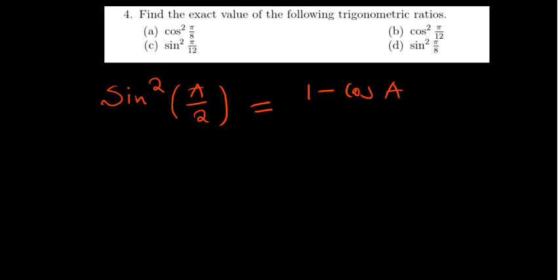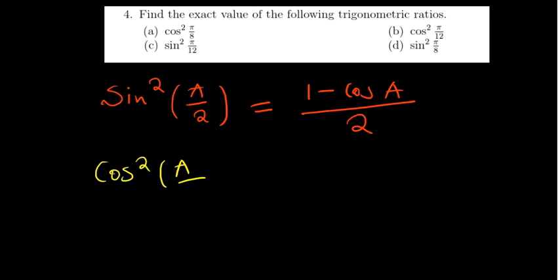So the half angle formula says if you have sine squared of half an angle, A over 2 for example, that's equal to 1 minus cosine of the angle itself, divided by 2. It can also be in terms of cosine.